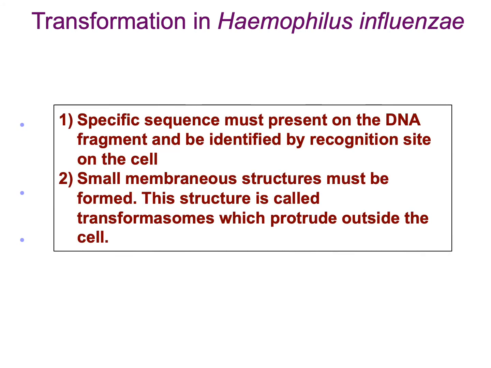The successful DNA uptake process is basically determined by these two following factors. First, a specific sequence must be present on the DNA fragment and be identified by a recognition site on the cell. Second, a small membranous structure must be formed. This structure is called the transformosome, which protrudes outside the cell.